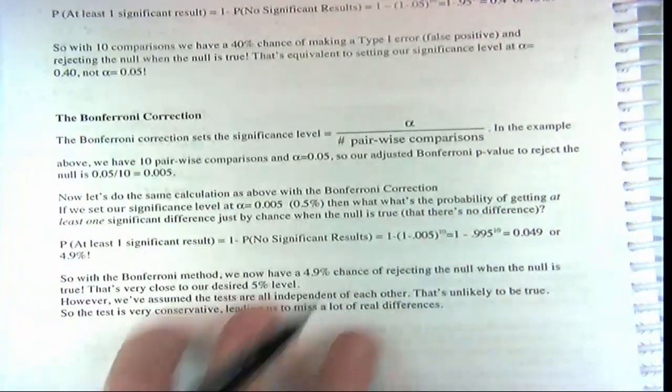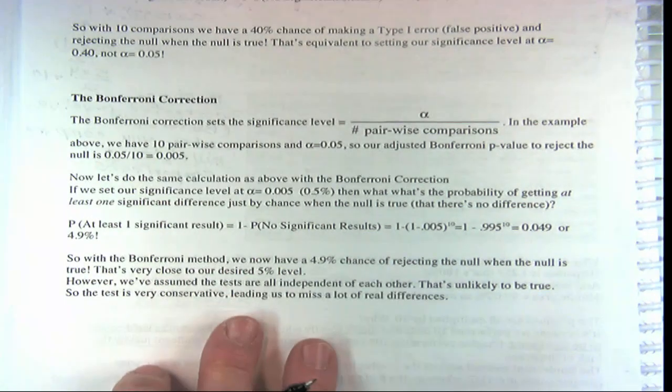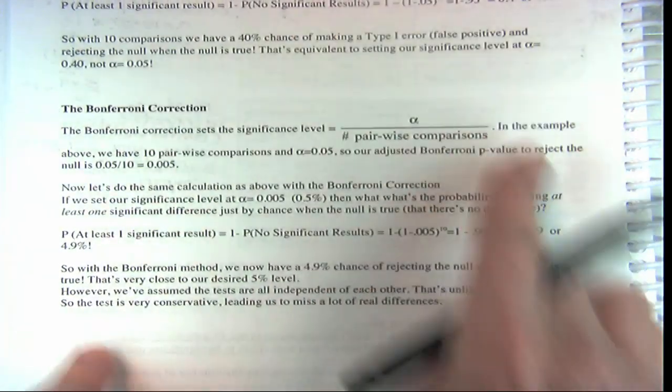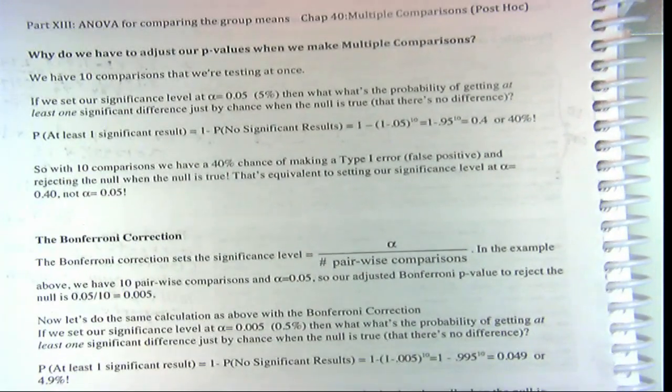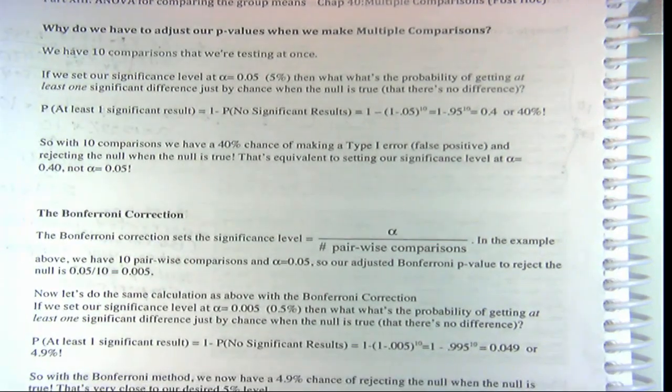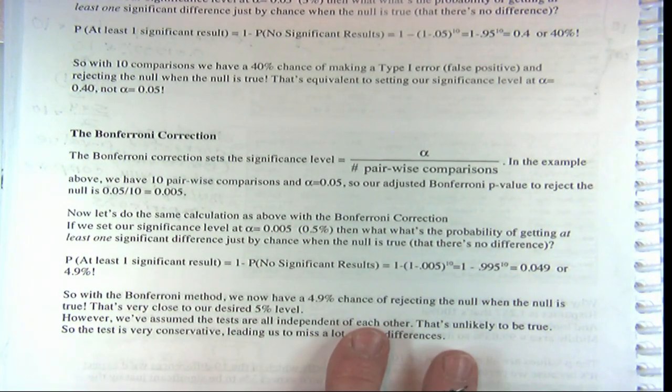So I just want you to be aware that this is one method to do it, okay? It's a very conservative method because it assumes in these calculations that the pairwise comparisons are independent, and they're probably not. But it's a very conservative and very simple way to understand. So that's the one we're going to be using.